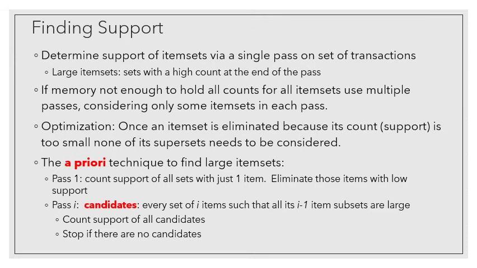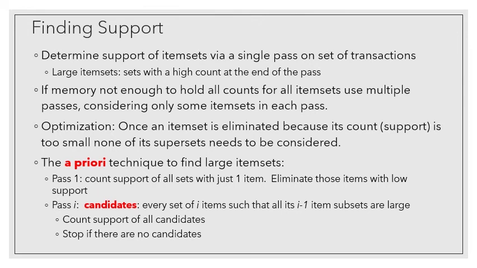And an optimization: once an item set is eliminated because its count or support is too small, none of its supersets needs to be considered. So the a priori technique to find large item sets. In the a priori technique for generating large item sets, only sets with single items are considered in the first pass. In the second pass, sets with two items are considered, and so on.